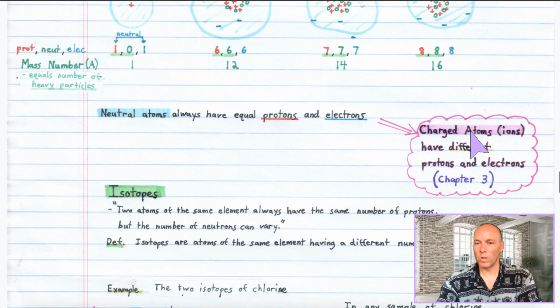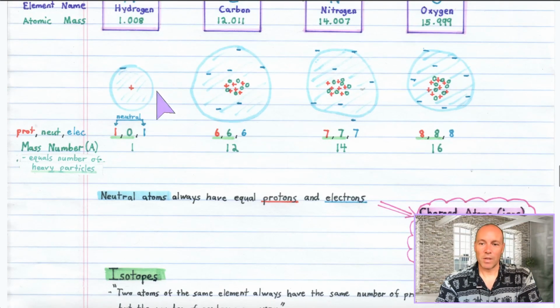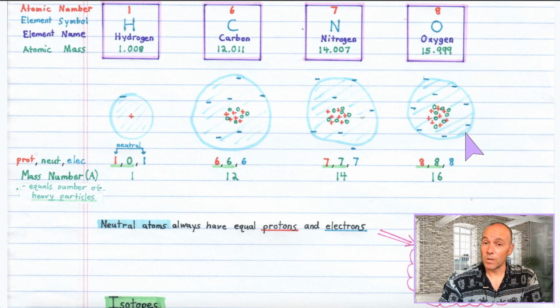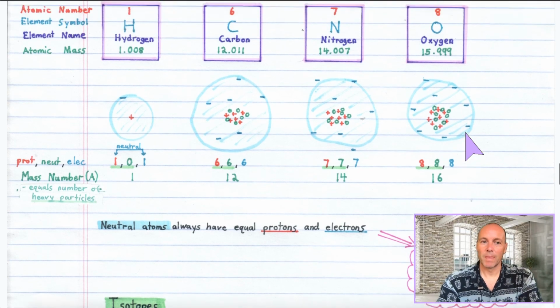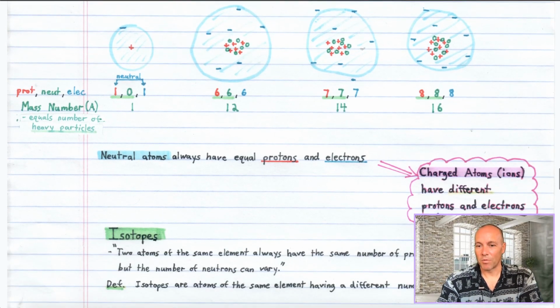In the next chapter, we will talk about charged atoms which have different numbers of protons and electrons, and those are called ions. So, here is an oxygen atom, but if it gains an electron or two, then it would become a negatively charged ion. And we'll talk about oxygen ions in the next chapter, chapter 3.